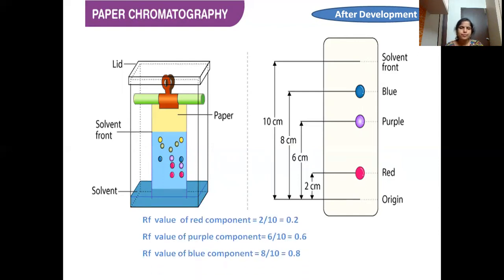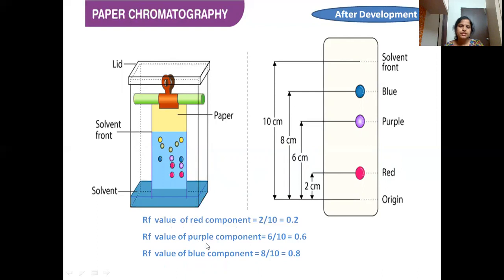By applying that formula, we can calculate the RF value. Here you can see the RF value of the red component first. The distance traveled by that component is 2 centimeters, divided by the distance traveled by the solvent, that is 10. So 2 divided by 10 is 0.2, the RF value.